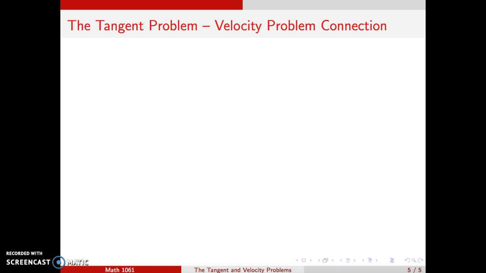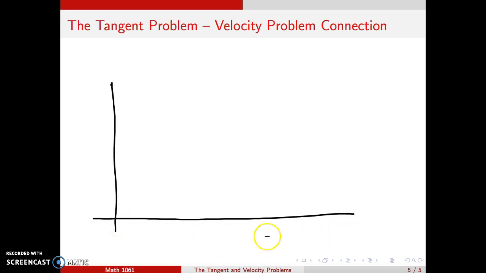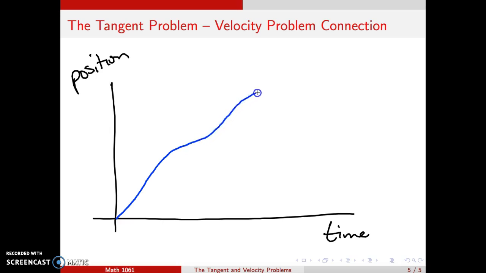So if we were to think about this problem, let's say we had time here and position here, and let's say I'm driving along in my car and I'm going kind of fast, and I'm going to slow down a little bit because I saw a cop behind the bushes or something, and I speed up again, whatever it might be. Let's just say what we had before, I traveled 130 miles in 2 hours.